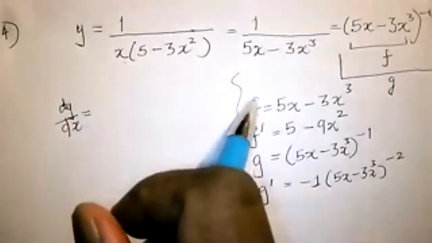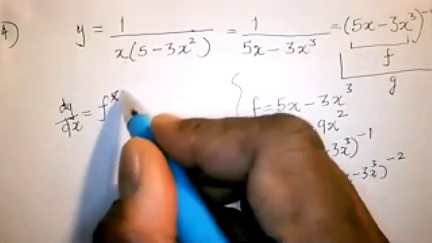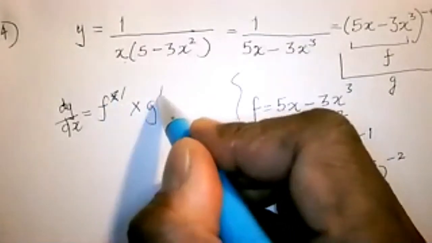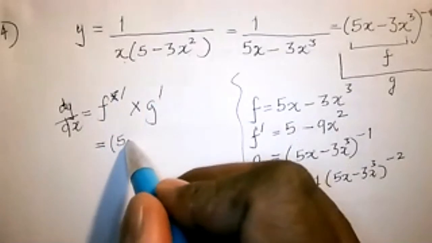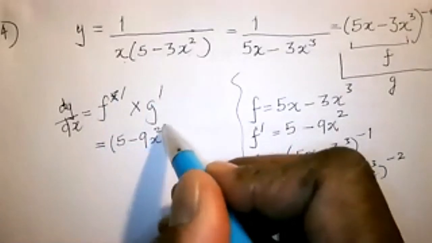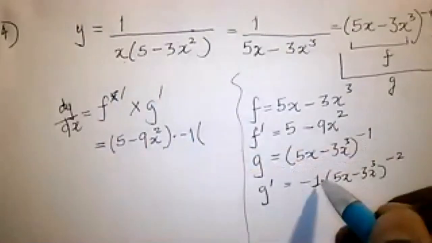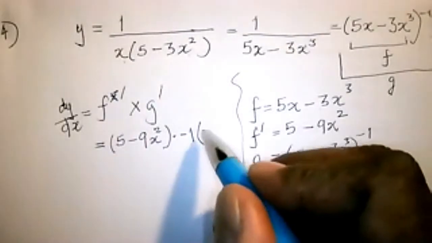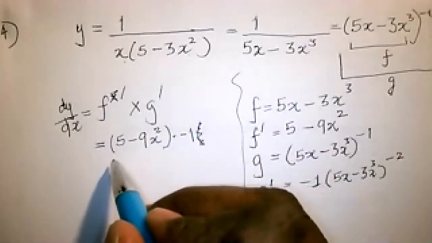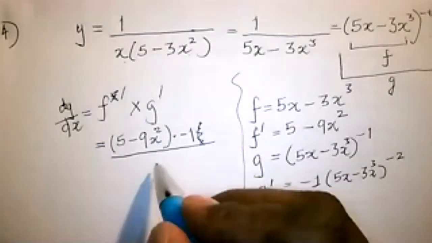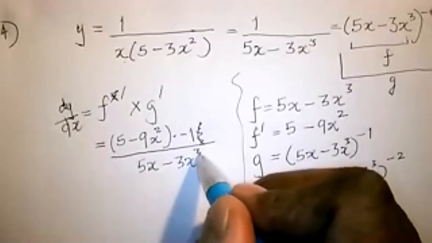So on this side now, we want to find dy dx. So dy dx is what? Again, given by, oh sorry, f prime multiplied by g prime. So what is our f prime? Our f prime is 5 minus 9x squared, multiplied by negative 1. Well, since the power is negative, I might as well just bring it down so that when it comes to the denominator, it becomes positive.